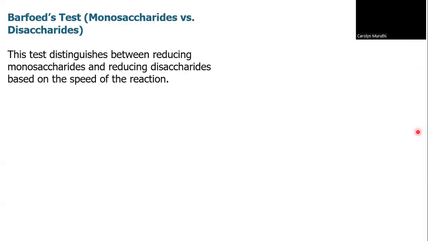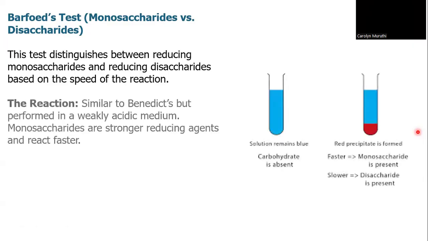Barfoed's test distinguishes between reducing monosaccharides and reducing disaccharides, and this is based on the speed of the reaction. It's somewhat similar to the Benedict test, but performed in a weakly acidic medium. Monosaccharides, of course, are stronger reducing agents and therefore react faster compared to the disaccharides.